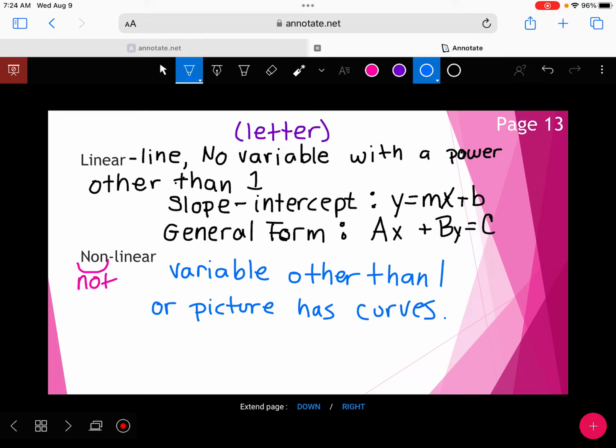So on a picture, it's really easy to see line versus not line. It's ruler or wiggle. On your equations, it's more of a process of elimination. Equations need to be able to look like this, one of them.